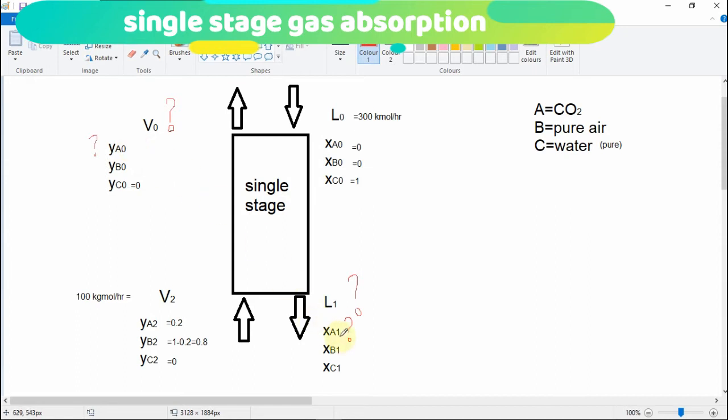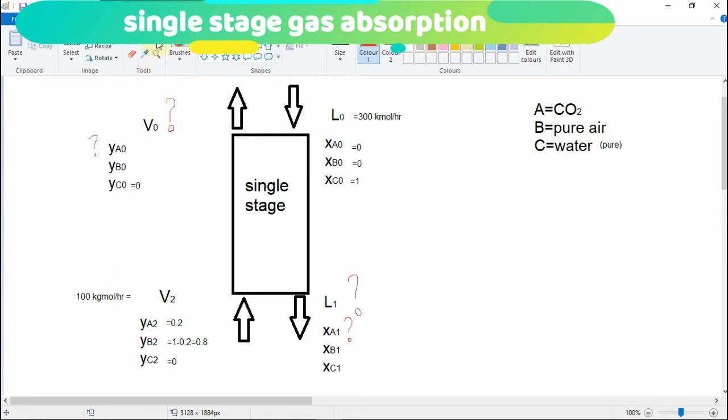So by ignoring V0 and L1 first, to get YA0 and XA1 there will be two unknowns. Two unknowns means we need to use two balances.